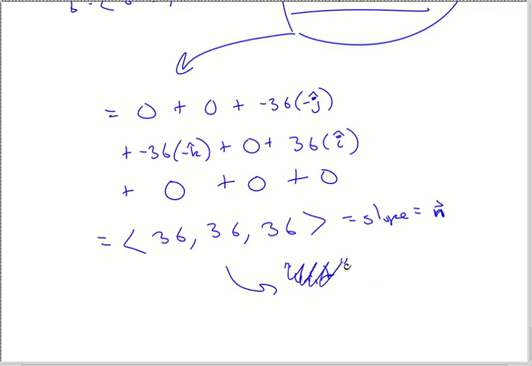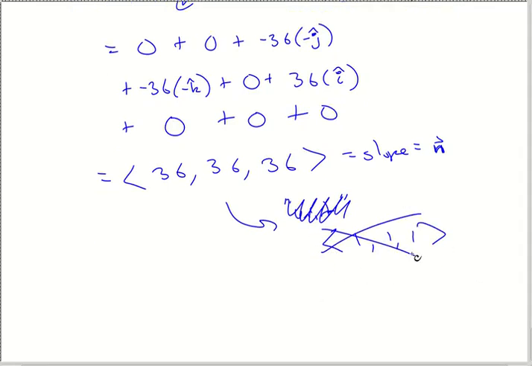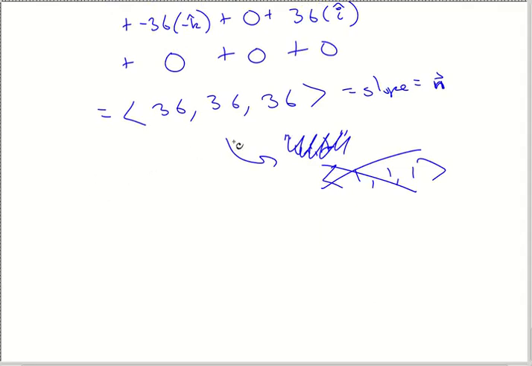But you can reduce it with a scalar. If you want to, you can do a 1, 1, 1 right now. I'm not going to do that, but I will have this effect at the very end. So I'm just going to roll with it as if I never saw that. 36, 36, 36. That's what I'm going to be using. And so that's my slopes, right?